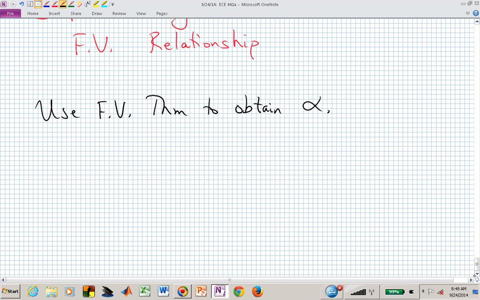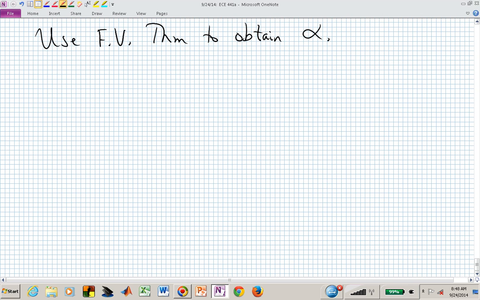And we can use the final value theorem to obtain alpha. Meaning, we know what y of s is. That was our unknown transfer function.